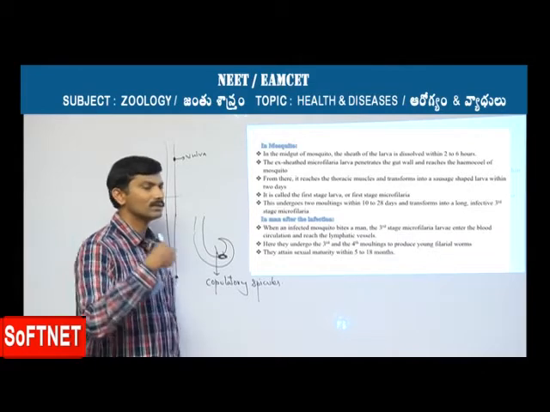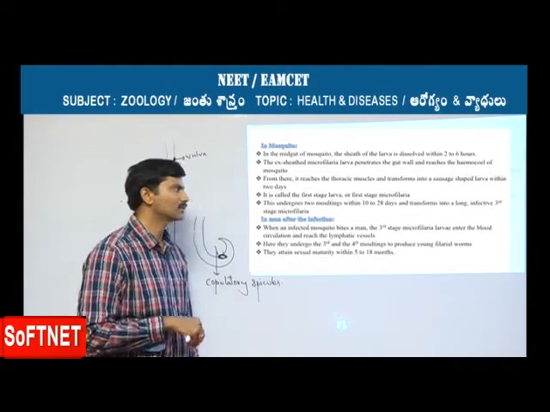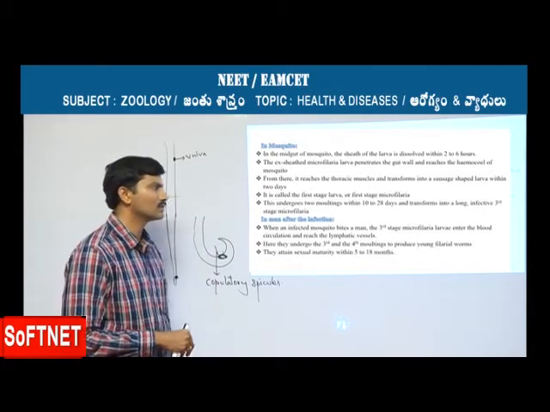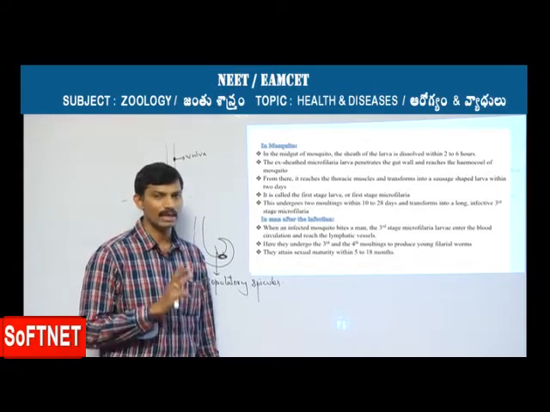From there it reaches the thoracic muscles, where it transforms into the sausage-shaped larva within 2 days.